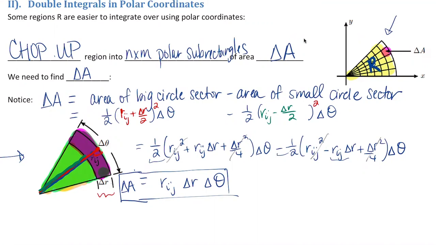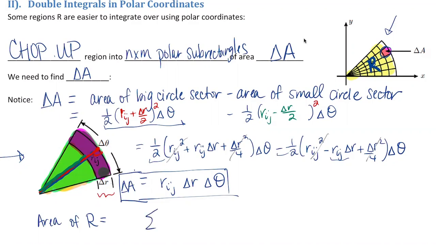Because we've now found the area of any one of these little pieces is delta A. And if I wanted to think about it in terms of a double integral, which is going to become important when we start trying to find volumes over this region, right? So let's think of the area of R, the whole region, which we found up above, but let's think of how we could also write it in terms of a double integral.